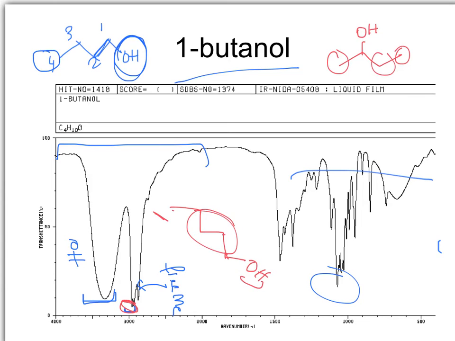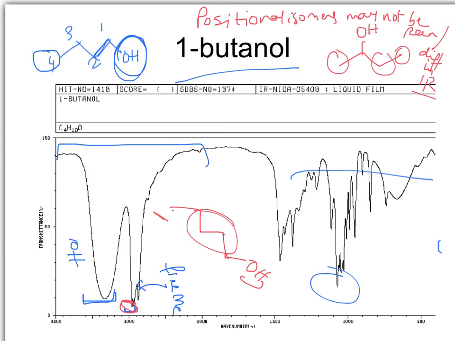So you can say positional isomers may not be seen or differentiated in an IR.